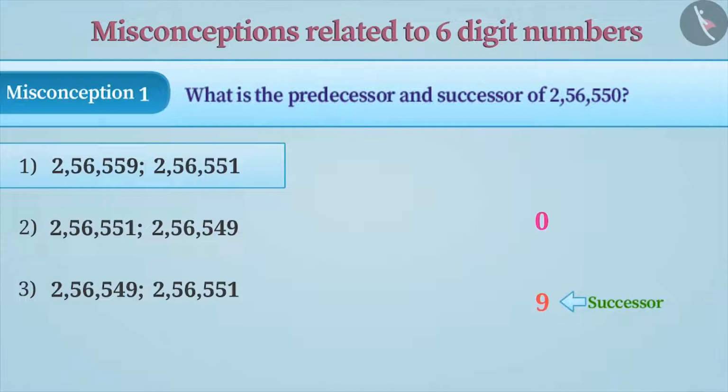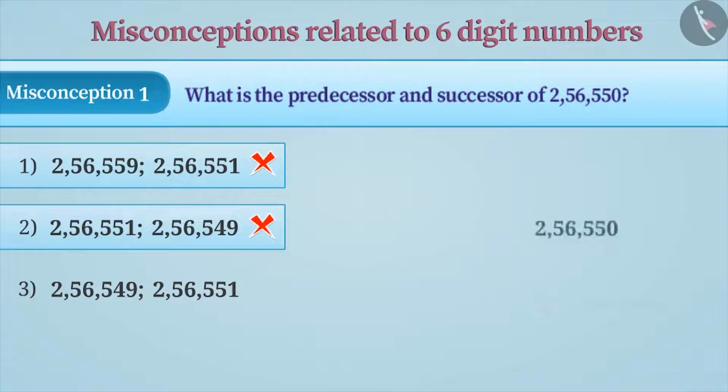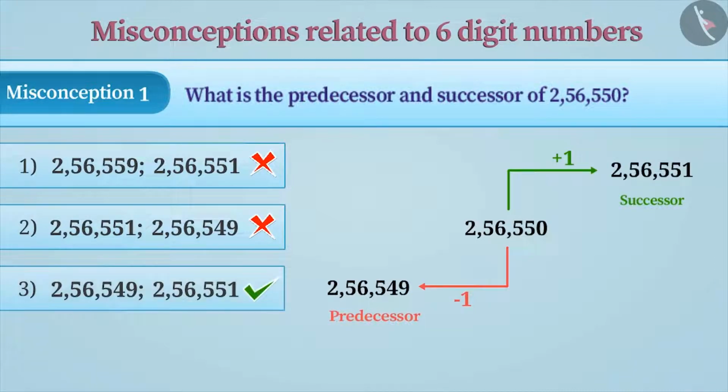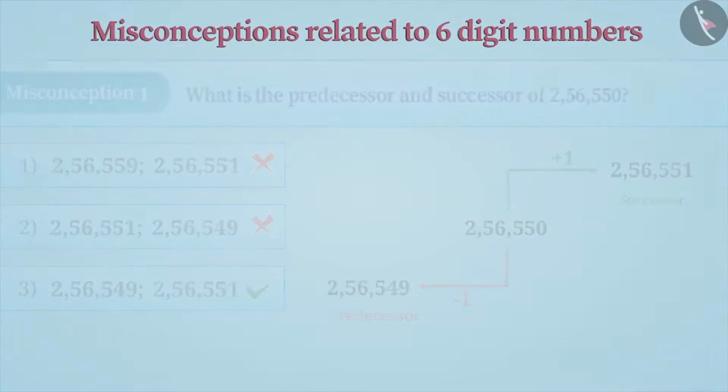Similarly, number names can be confusing and option 2 is chosen. But they're both wrong answers. When 1 is subtracted from any number, the result is the predecessor of that number, and when we add 1 to a number, we get the successor. Hence, the correct answer is option 3.